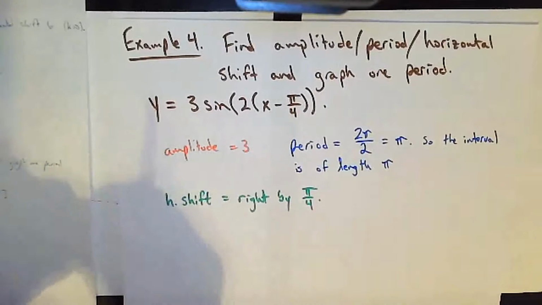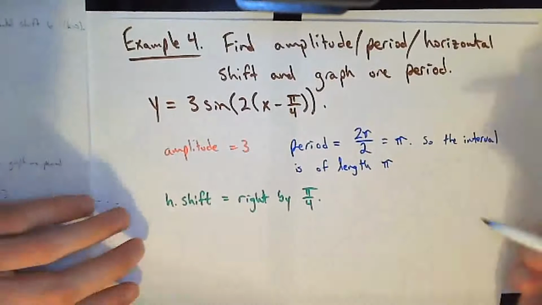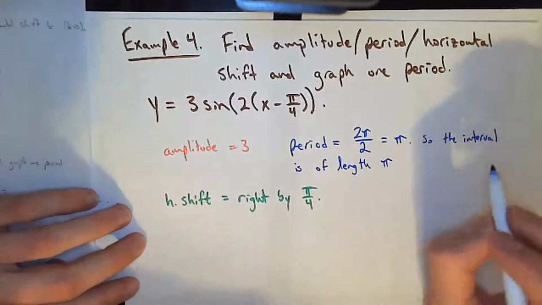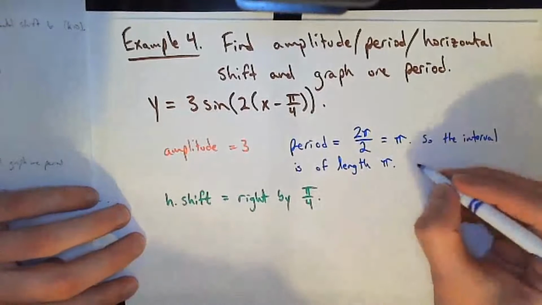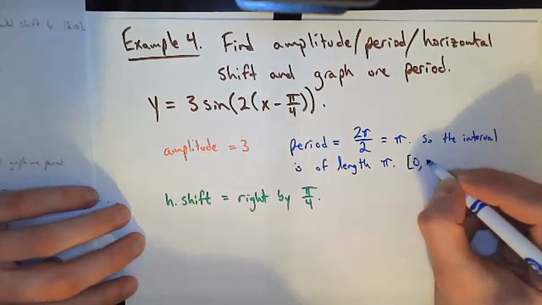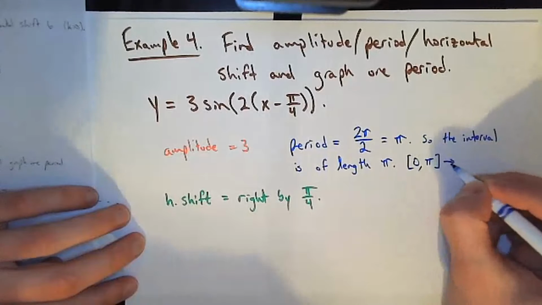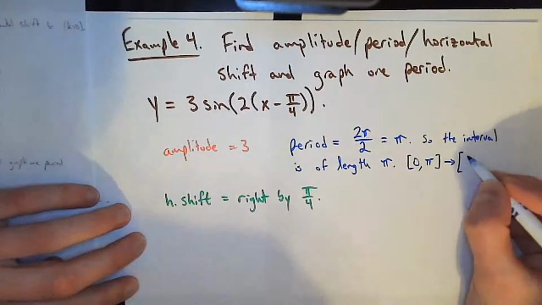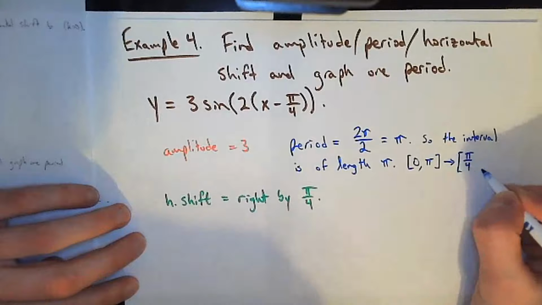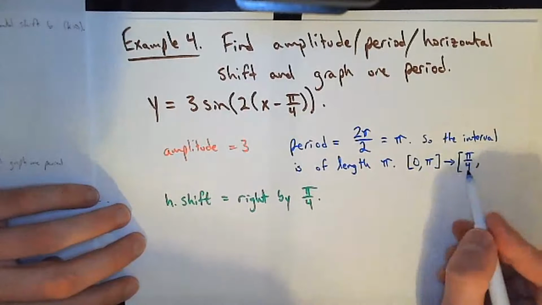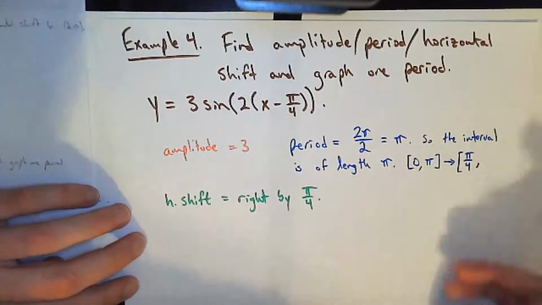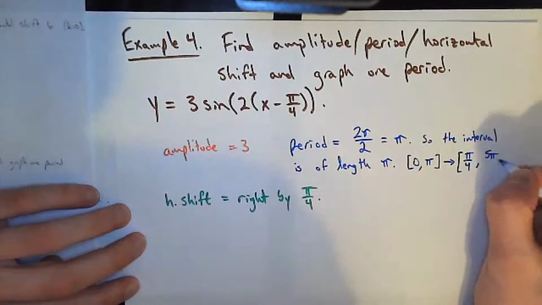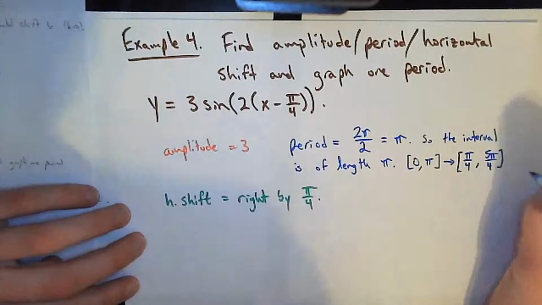So that tells me the interval, instead of being from 0 to pi for this squished period, is shifted right by pi on 4, so I'm going to add pi on 4 to both of these. 0 plus pi on 4 is pi on 4. What's pi plus pi on 4? Think about it, it's 5 pi on 4.